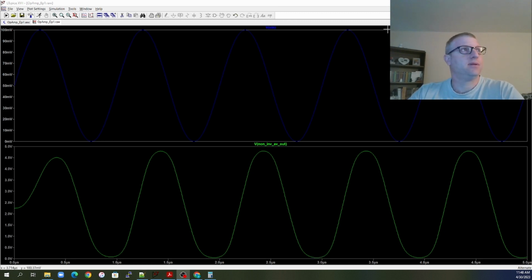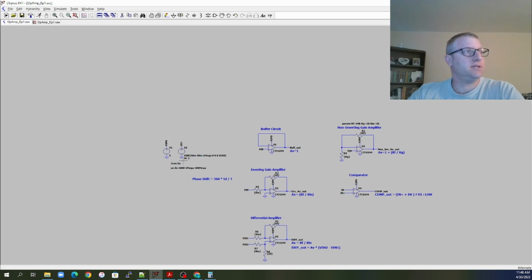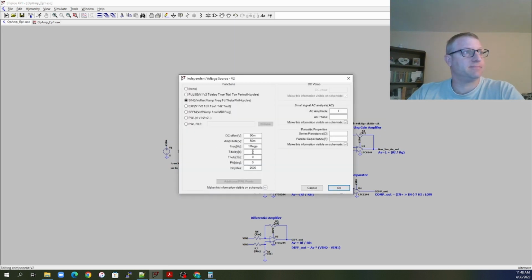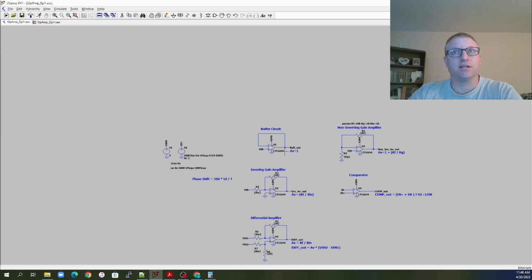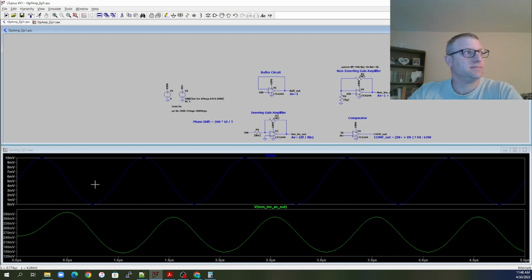So we can get a better idea of that offset voltage down here because it's very hard to see. What we'll do is adjust our input. So instead of looking at 50 millivolt input, we'll go down to a 5 millivolt input. All right, so we're going to shrink our signal down a lot. And now we will run it. And so you see here, now we're getting closer.